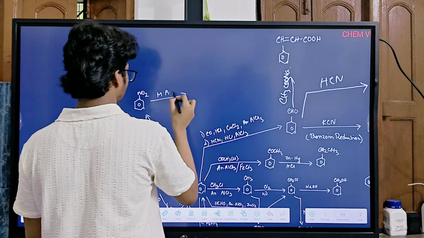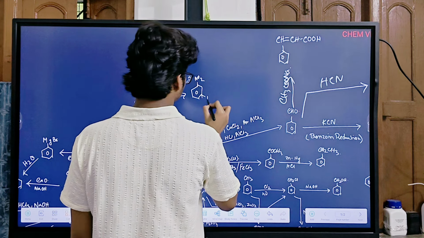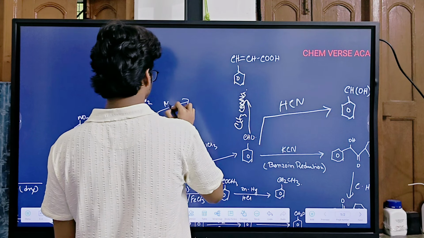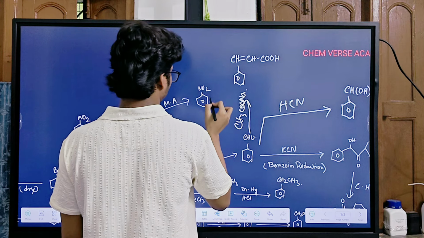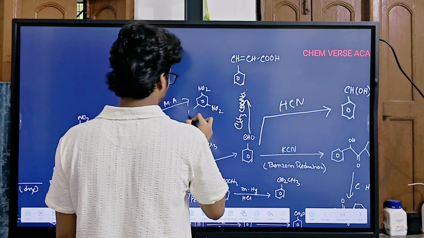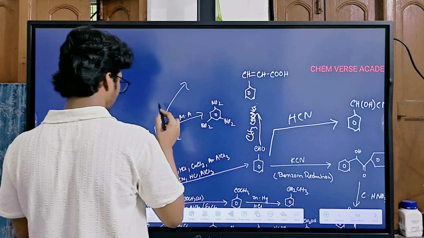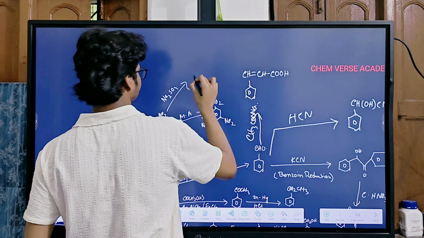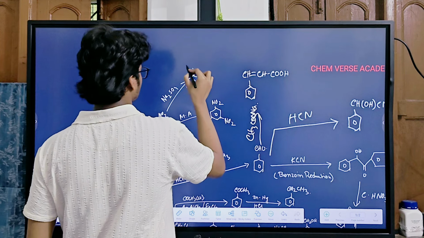Further mixed acid will lead to further nitration, forming NO2 at meta positions. One NO2 can be reduced into NH2 using Sn and HCl, or you can also use Na2S or NaHS, but in that case you have to use concentrated H2SO4.